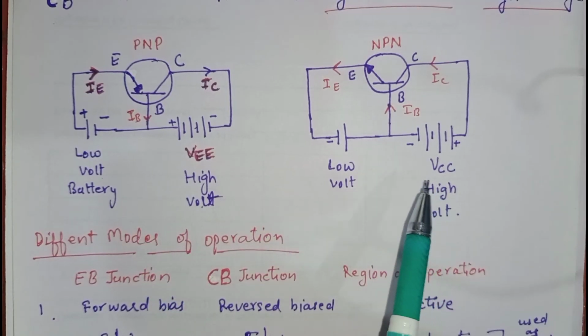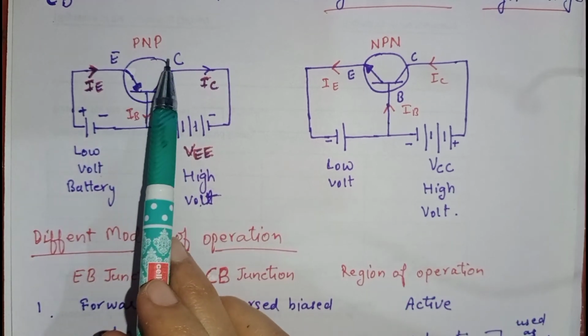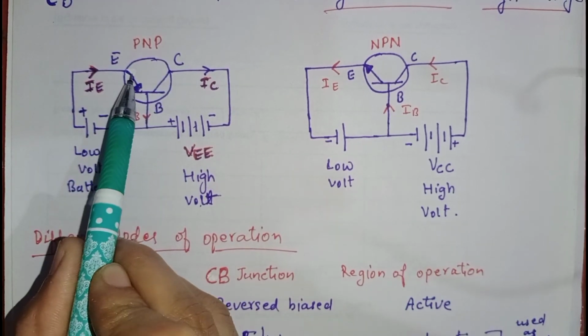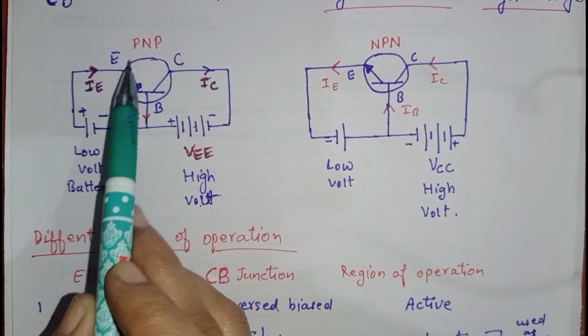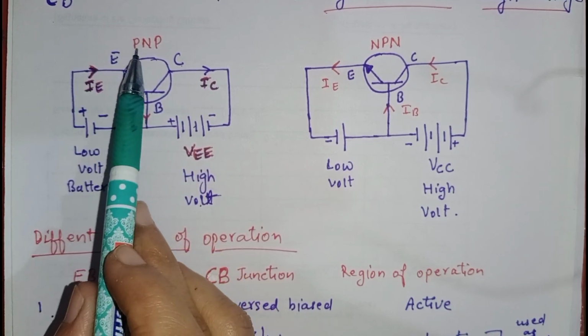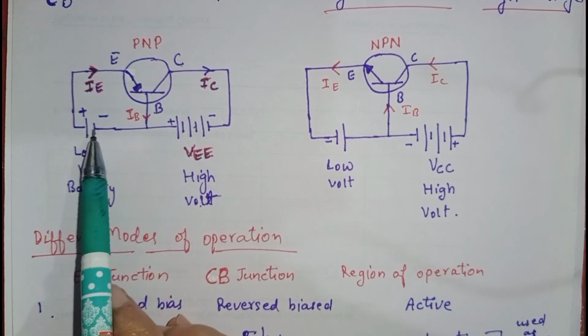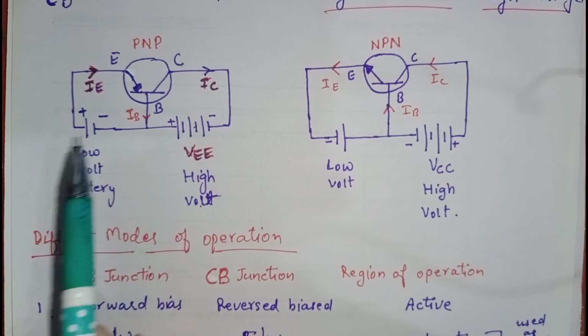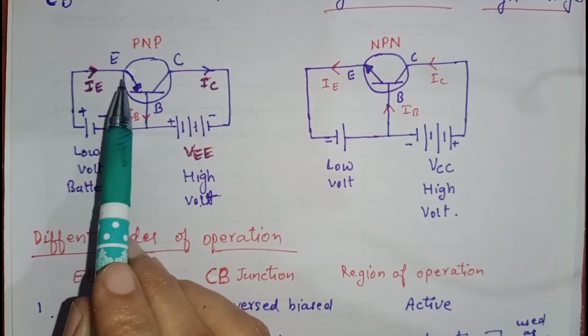These are the biasing circuits of the PNP and NPN transistor. This is PNP transistor, this is emitter, this is base, and this is collector. The emitter is P type, so it is connected to the positive terminal of the battery and the negative terminal is connected to the base. We apply a low voltage here because it is forward bias, so it has low resistance.